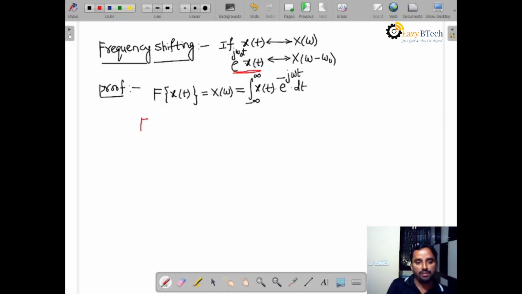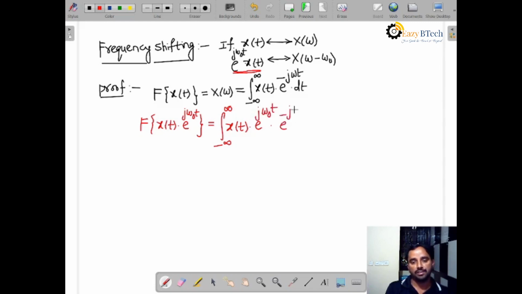So I am going to write the Fourier transform of x of t into e to the power j omega naught t. How to write this Fourier transform? As we already discussed, whatever the signal is, it goes in the x of t place. So here we have x of t into e to the power j omega naught t, into e to the power minus j omega t, dt.